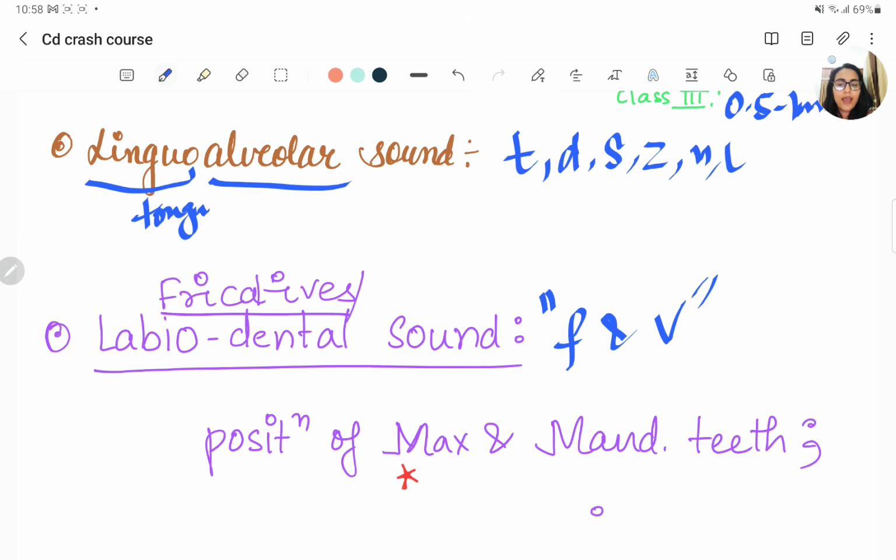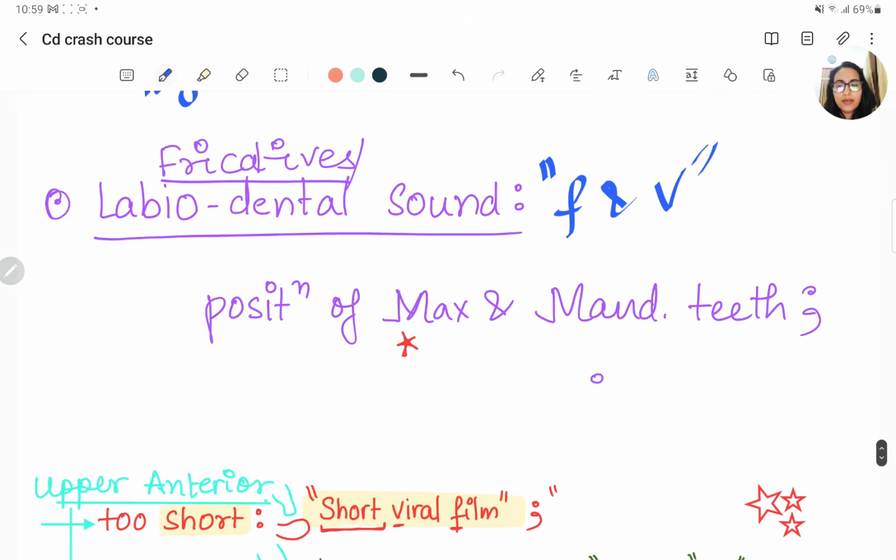The teeth touch the wet and the dry line of the lower lip. The wet part is moist and the dry part is not moist, and the teeth touch in between. That is how we see whether the maxillary teeth are anteriorly inclined or posteriorly reclined. So the labiodental sounds, or fricatives, determine the anterior-posterior position of the maxillary teeth.